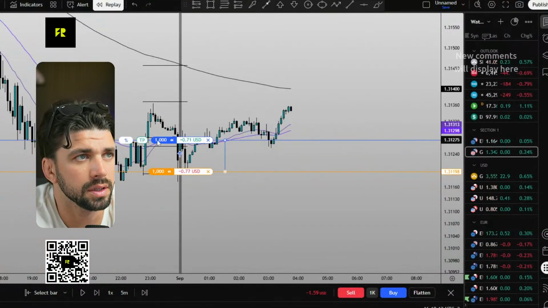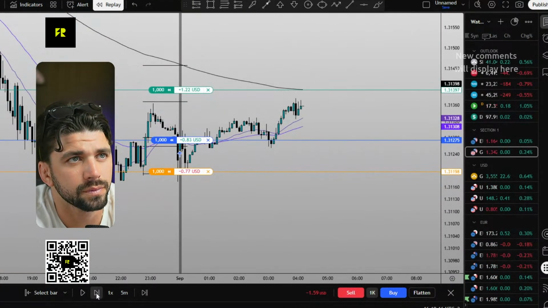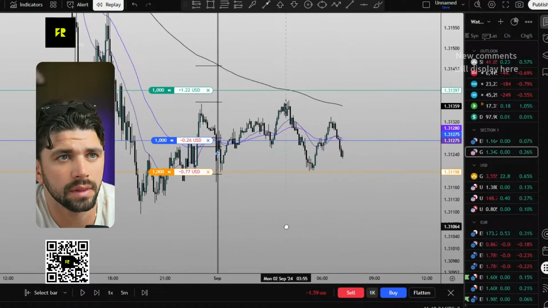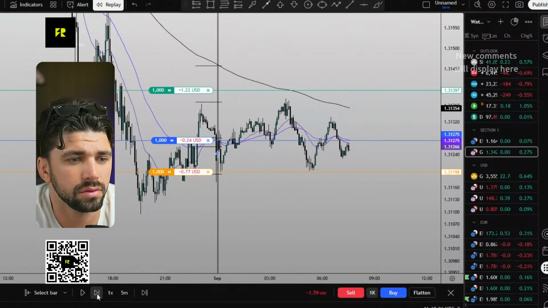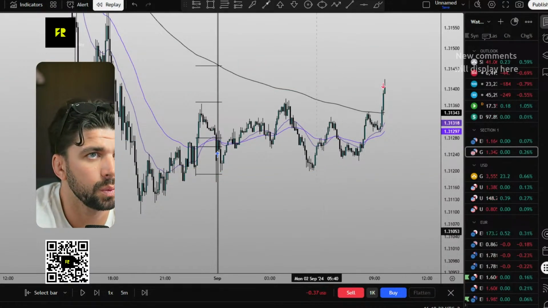Stop loss would be under the low, take profit at the 200. Now that looks like it's going to fail. There you go. Okay, so we're 1 for 1 at the moment.